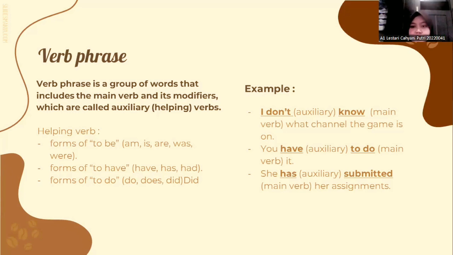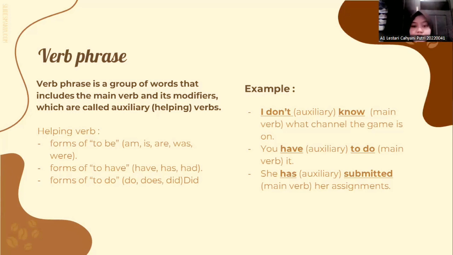And the example is, I do not know what channel that game is on. In this example, do is the auxiliary and know is the main verb. And the second example, you have to do it. Have is the auxiliary and do is the main verb.